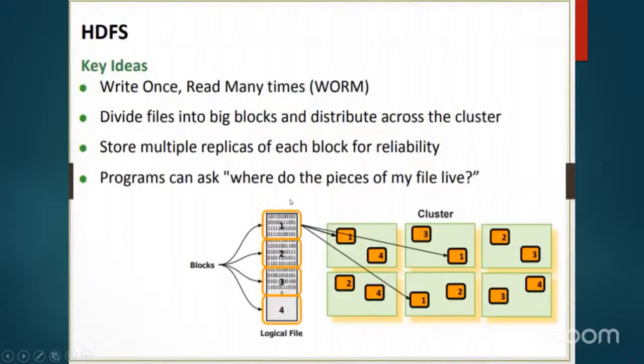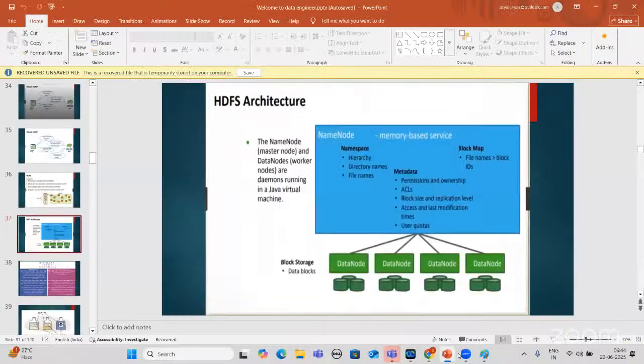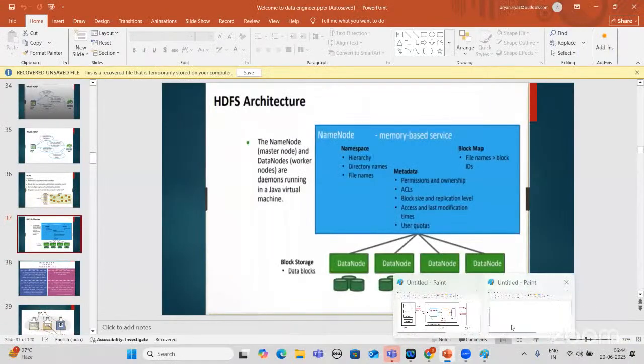The program will ask where it is, so an ID is given, and that ID can be given to the metadata. What metadata is and so on, we'll see now. This is the HDFS architecture. Before going into this, I'll explain through one picture, then it will be easier to understand.